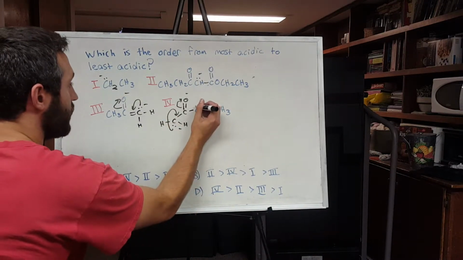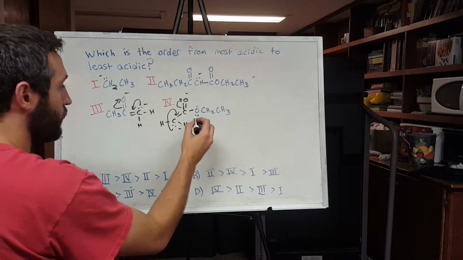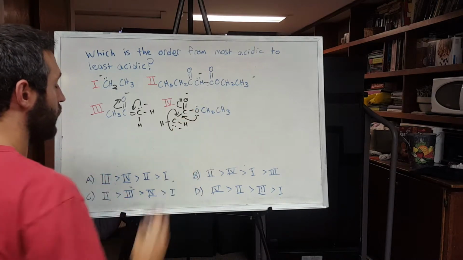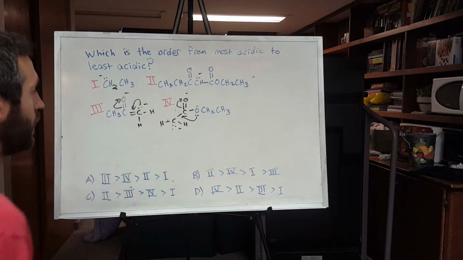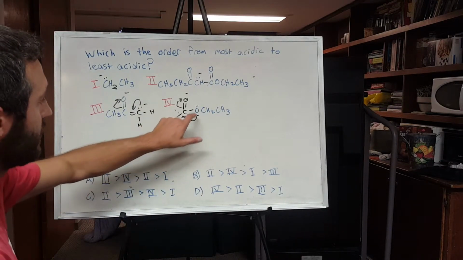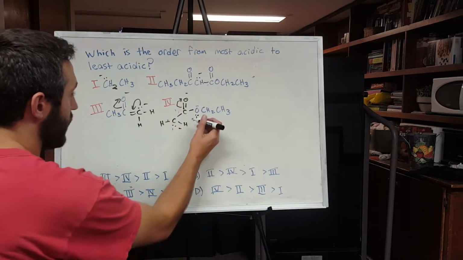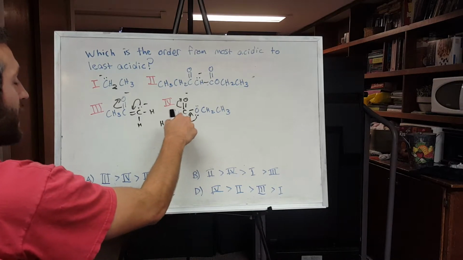But this one also has the ability, through resonance, to go here. Another resonance form would be if I dropped a double bond right there, and then we can no longer have a double bond here.